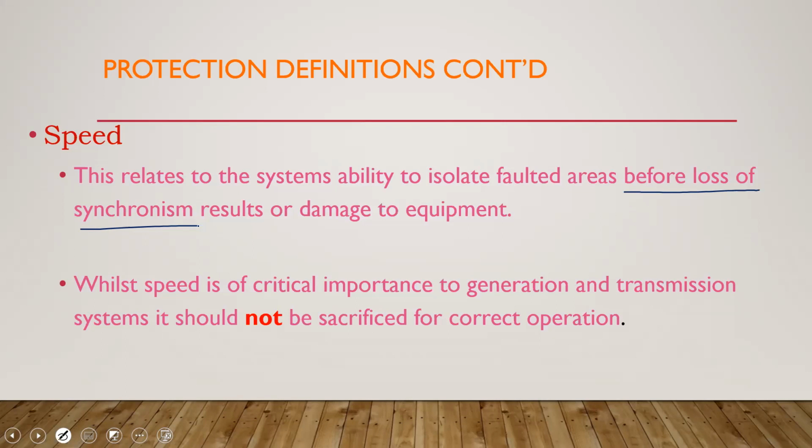We can't suddenly increase the steam input, or whatever mechanical force we're using to drive the generator. So the possibility is that your generator is going to slow down because the electrical load will be greater than the mechanical load. Loss of synchronism.